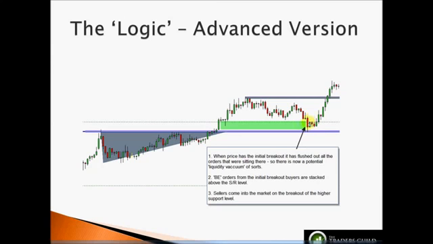Another reason is when price broke above this area, it flushed out all the orders. Okay, there was a cluster of sell orders, either stop losses from sellers, a cluster of buy orders, the stop losses from sellers, and because price moves with good momentum, it flushes out the order flow concentration within this area. Therefore, we have a liquidity vacuum of sorts.